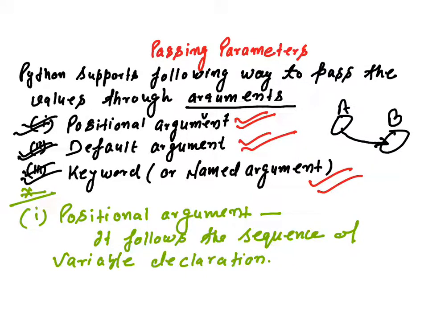Now, positional argument, as the name suggests, is related to the position of the argument. It follows the sequence of variable declaration, which means in the same sequence in which we have declared the variables, the values will be passed.